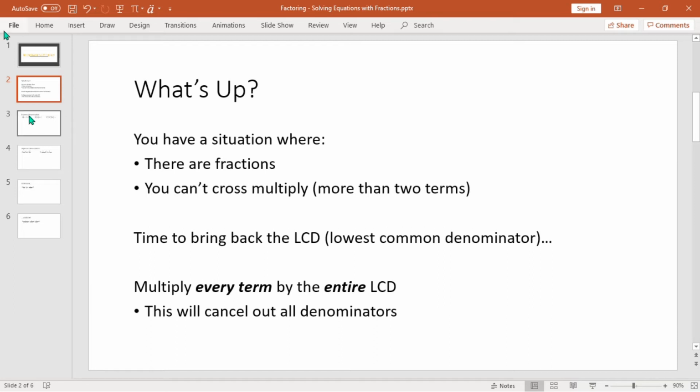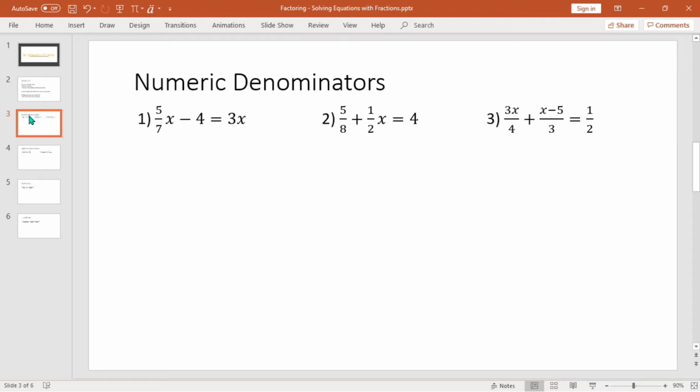How does it work? So looking at number 1, I see one fraction, and yes, you could make 3x into 21 over 7, but this is just a quick way to do it. So I know that my lowest common denominator in this situation is 7.